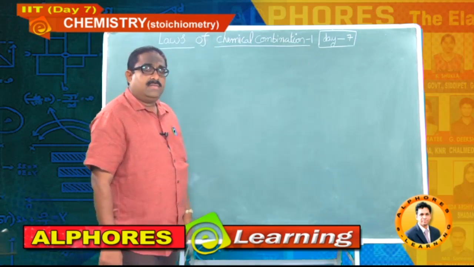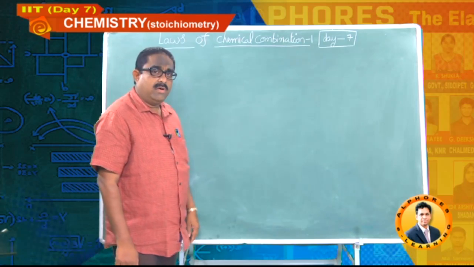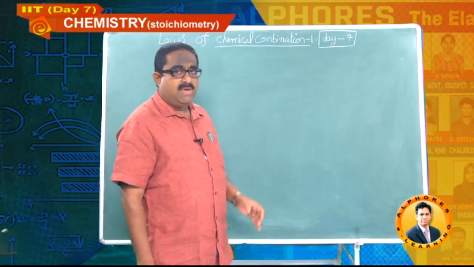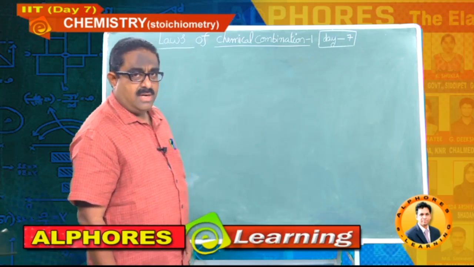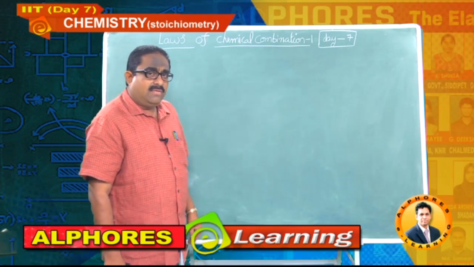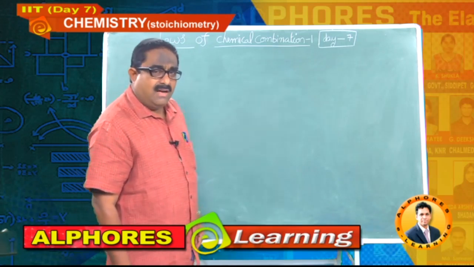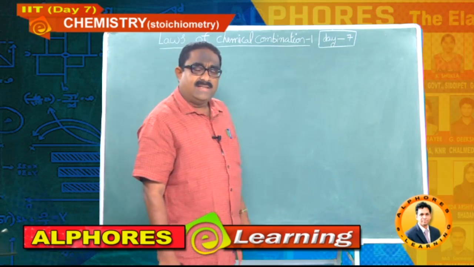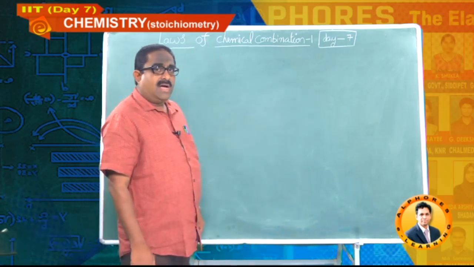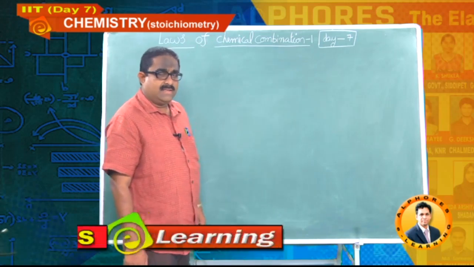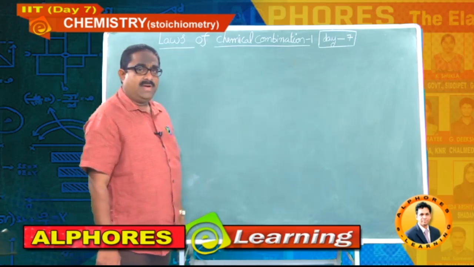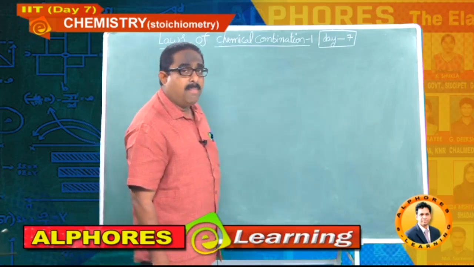Under this heading we are going to learn about different laws of chemical combination, how the chemicals are going to react with each other and what are the conditions that we have to follow. All these things we are going to discuss in this particular part of stoichiometry, that is laws of chemical combination.